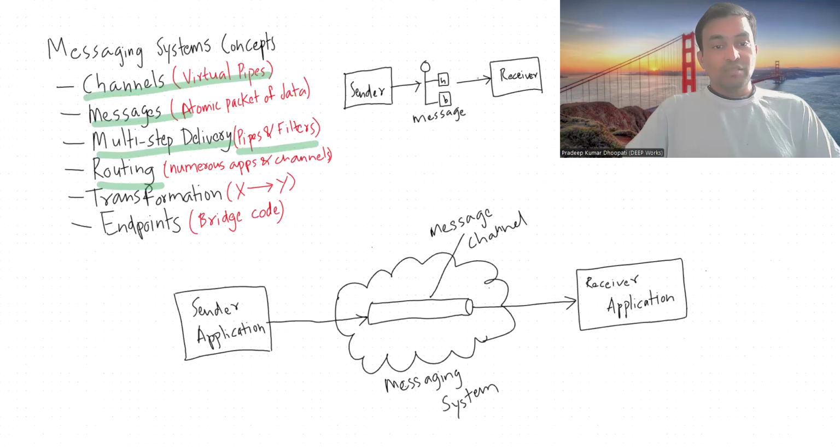And the next concept is transformation. Like we discussed before, if the sender is sending a message in a format, say for example X, and the receiver has to receive the message not in the format the sender sends, but maybe in a different format, let's say Y, then we should have some additional messaging components between the sender and the receiver, which will transform the X message to a Y message and send it to the receiver.